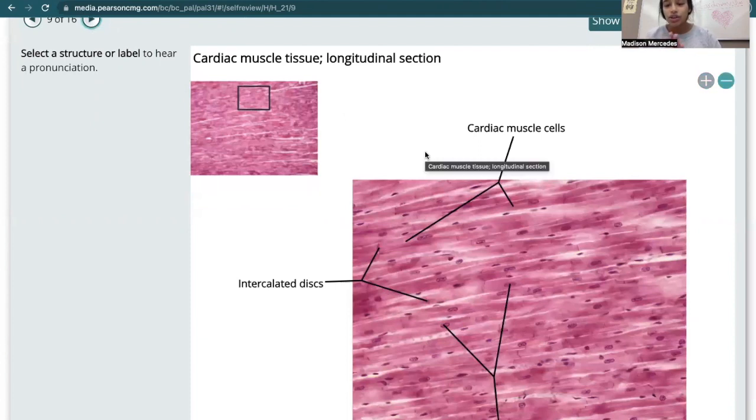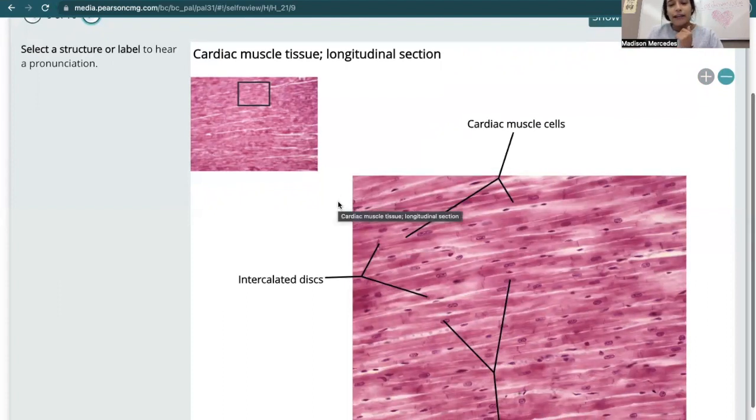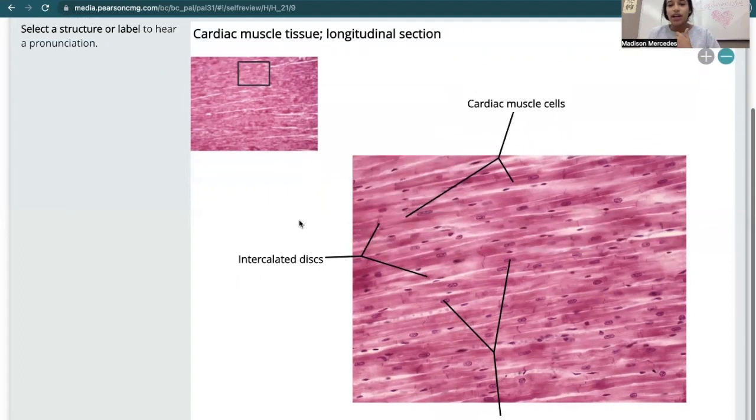If you take a little bit more in-depth look, there's the cardiac muscle cells, there's intercalated discs, and again, the nuclei. It's important to note that there's one nucleus per cell. Like I said, it's a cylinder shaped tissue. It's a well vascularized tissue, and everything is packed together very tightly.